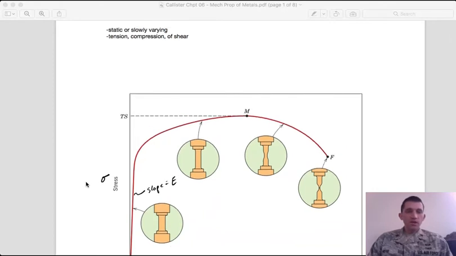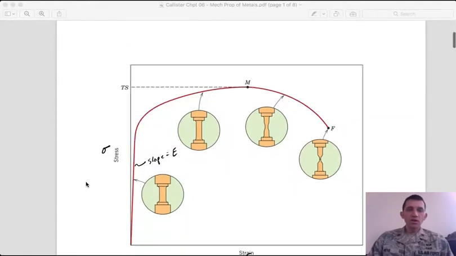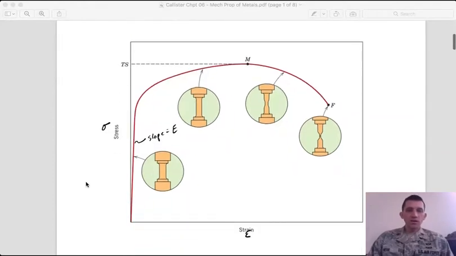And this can be done, as we'll see later, in tension, compression, or shear. You can apply the stress in one of a number of ways. But a stress-strain curve is essentially, in all cases, recording the response of the material mechanically to some applied stress. This particular example here is tension, which is probably the most common stress-strain curve.